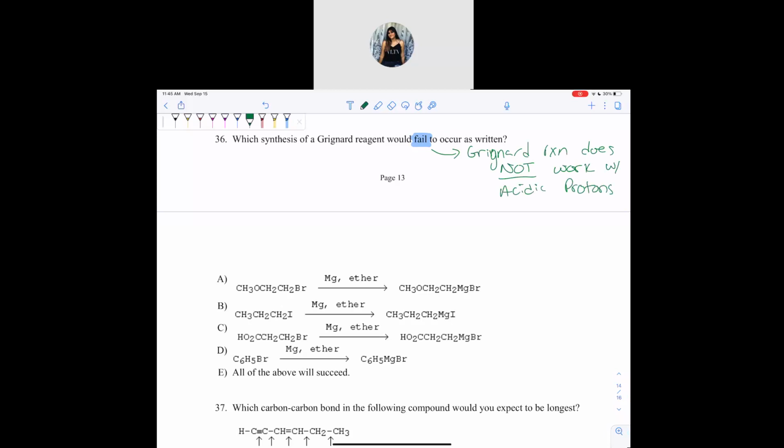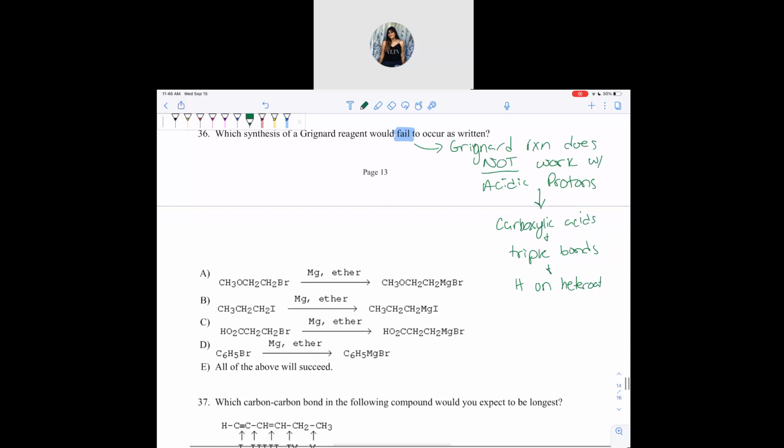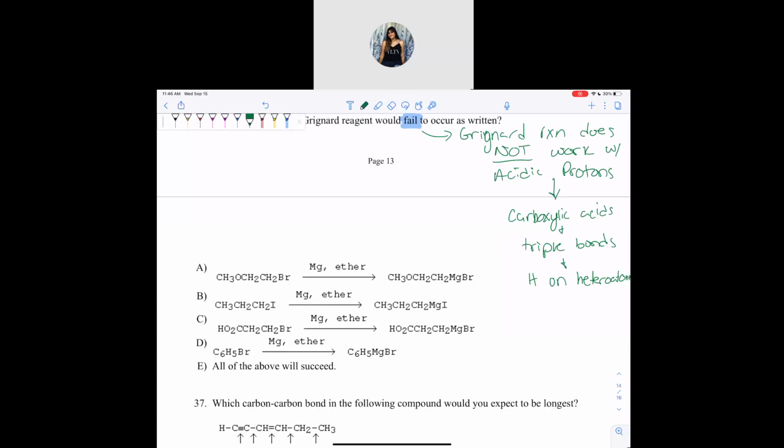What counts as an acidic proton? Well, carboxylic acids, triple bonds, and hydrogens on heteroatoms. So we're essentially looking for the answer choice that has either a carboxylic acid, a triple bond, or a hydrogen on a heteroatom. So let's zoom in.